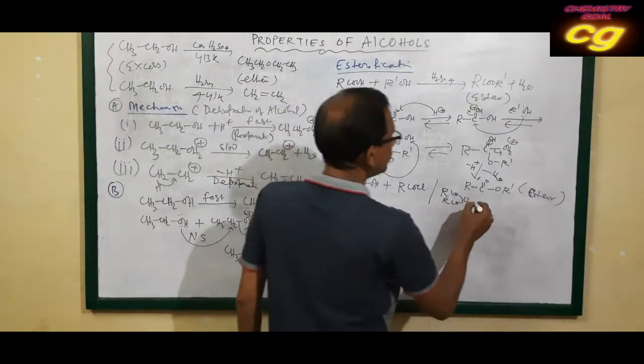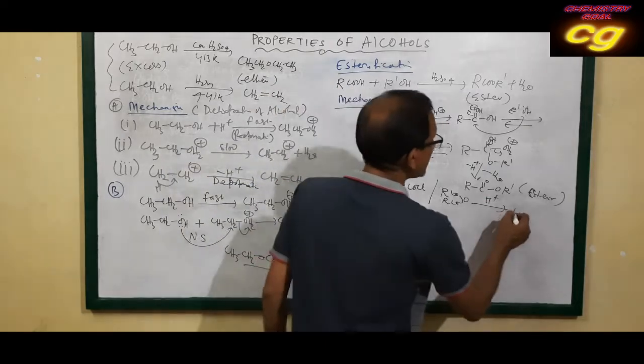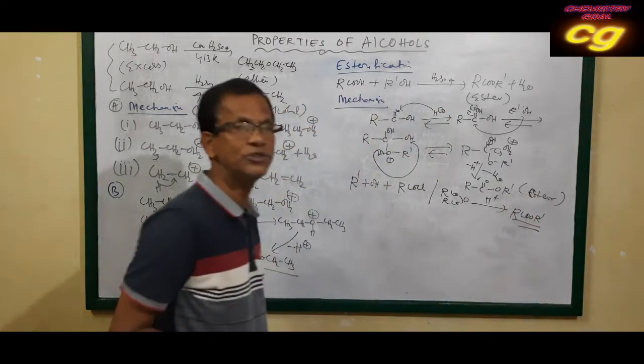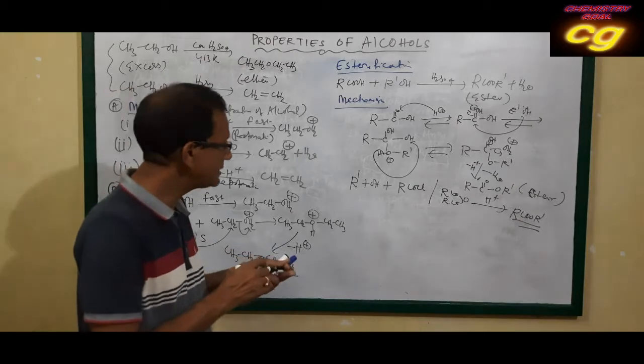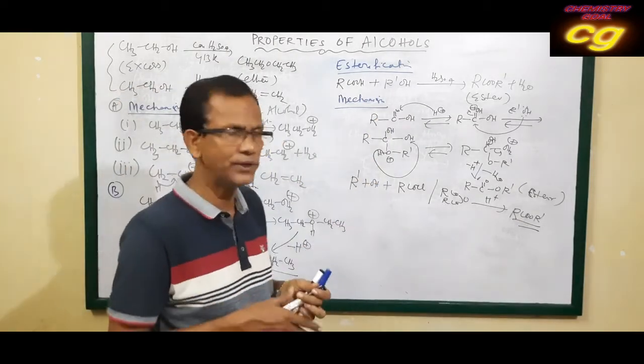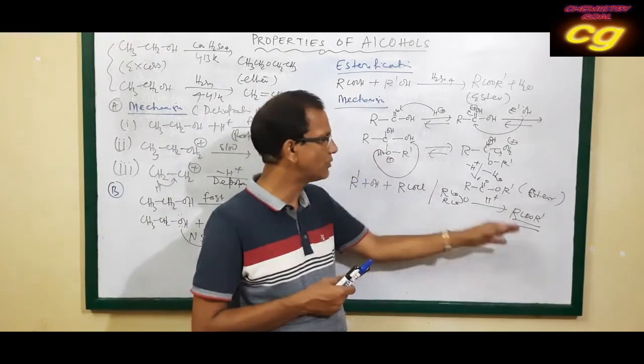If you take any case in the presence of acid, it forms ester, RCOOR'. The result will always be ester. Remember, alcohol reacts with acid or acid derivative in the presence of sulfuric acid forming ester.